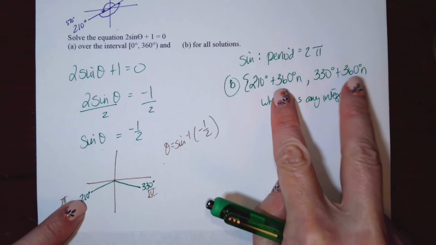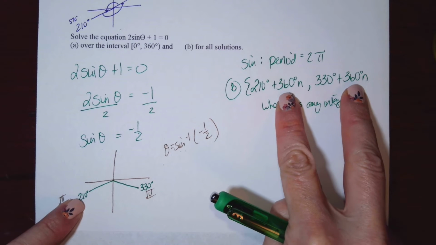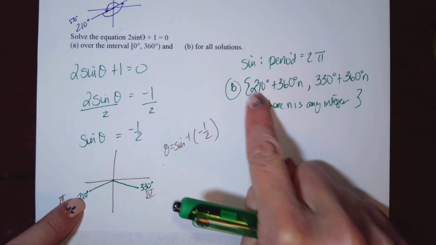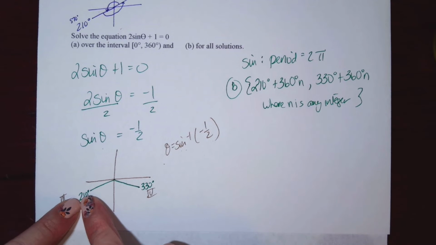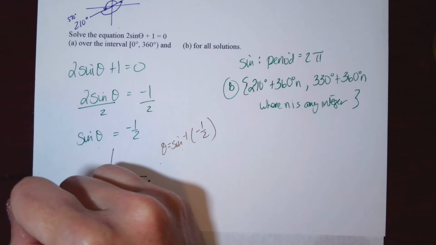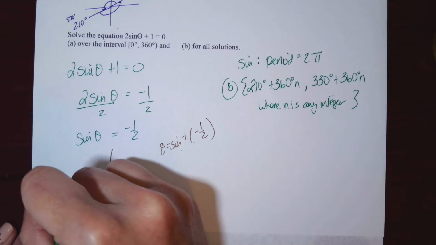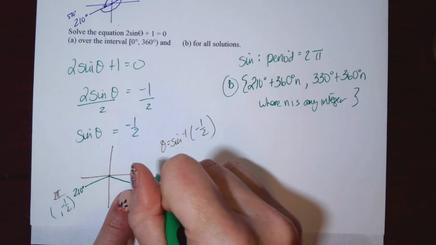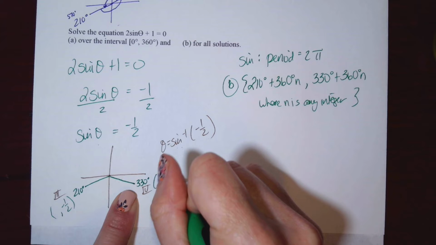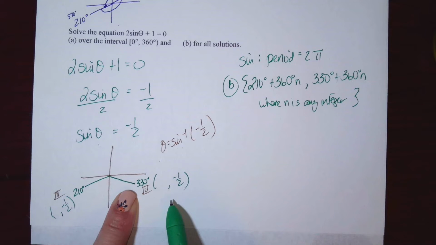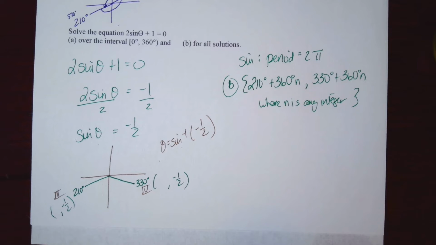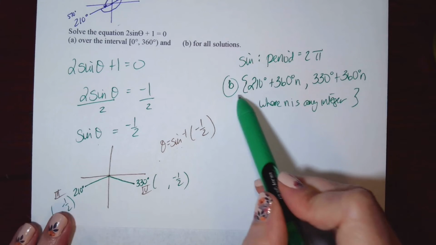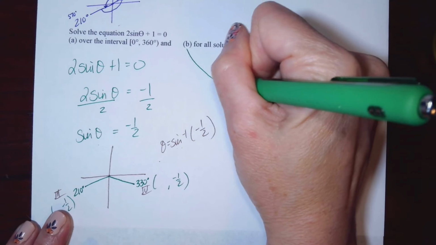And then this bit tells me I've got angles of rotation. They could just keep rotating if I don't have any restrictions. So I would have an infinite number of angles that land here, because this angle has a sine function value of -1/2. And I have an infinite number of angles that terminate here, because this angle has a sine function value of -1/2. That's my all solutions statement.